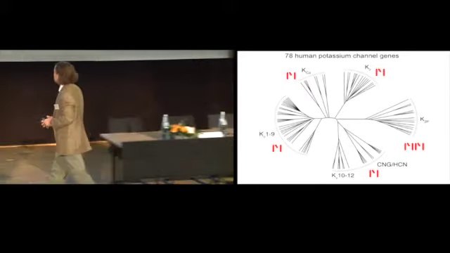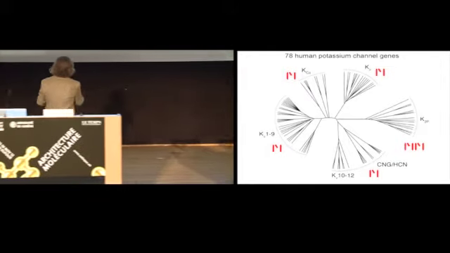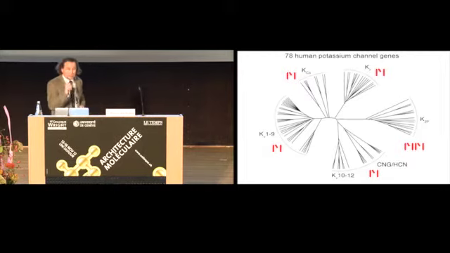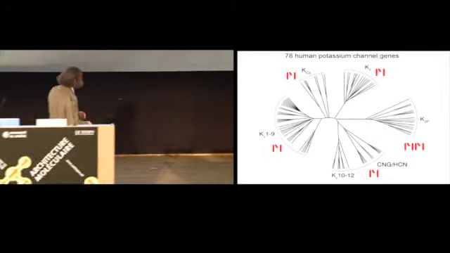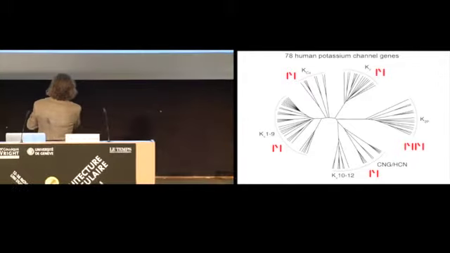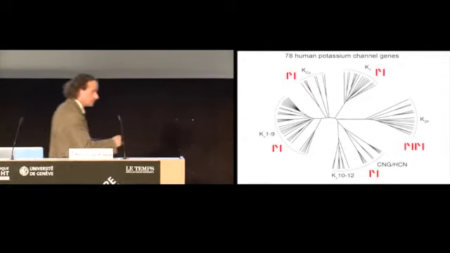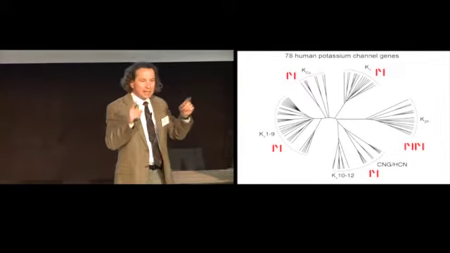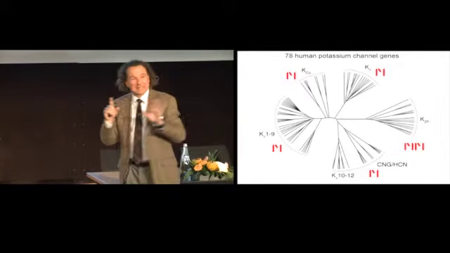Let's look at this part shown in yellow here. If you look at the genes for potassium channels, from organisms ranging from bacteria all the way up to human, across plants, the part shown in yellow is almost the same in all of them.